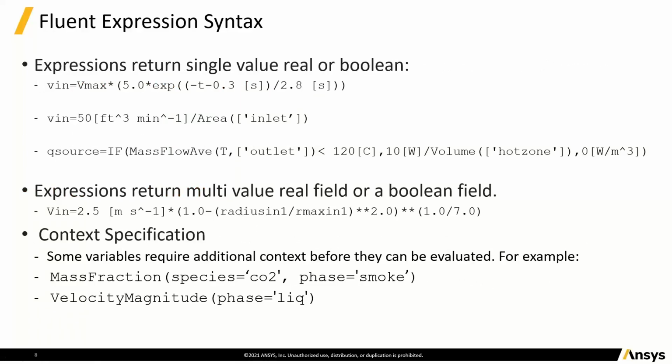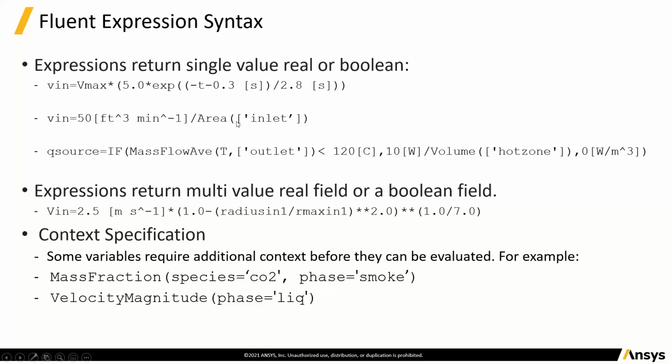We can have expressions that return a single value. So we've got a few examples here. So Vmax here is a function of only time. The inlet velocity here is a function of some given flow rate in US units with an area for flow calculated directly from a function here.